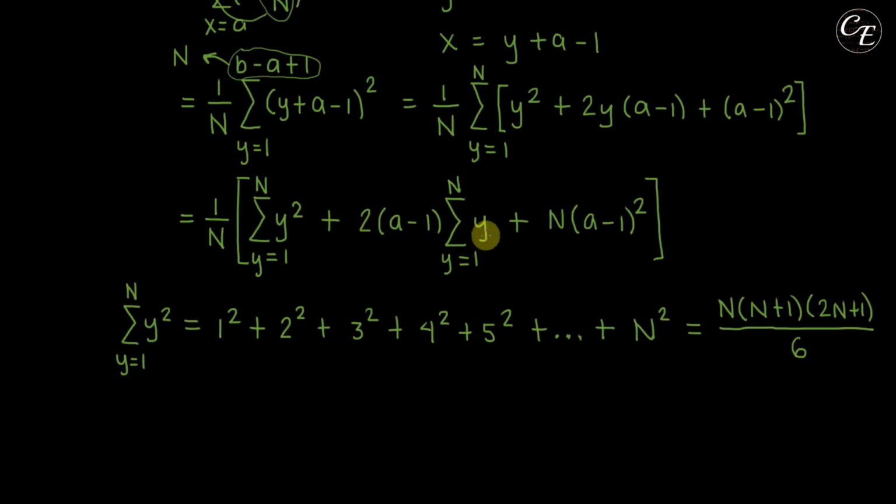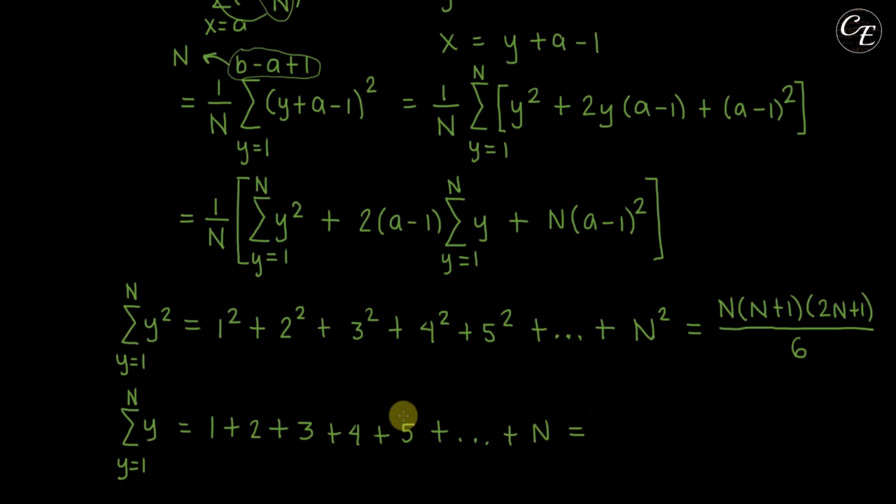And then for the summation of y, it is equal to, when y is equal to 1 we have 1, when y is equal to 2 we have 2, when y is equal to 3 we have 3, and then 4, and then 5, etc., until when y is equal to n we have n.